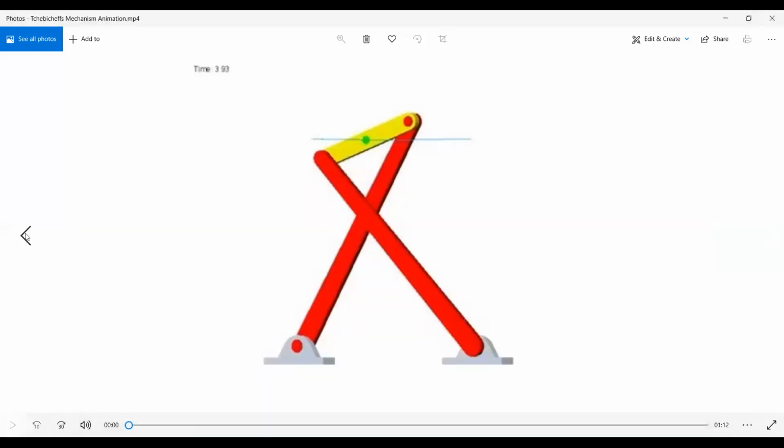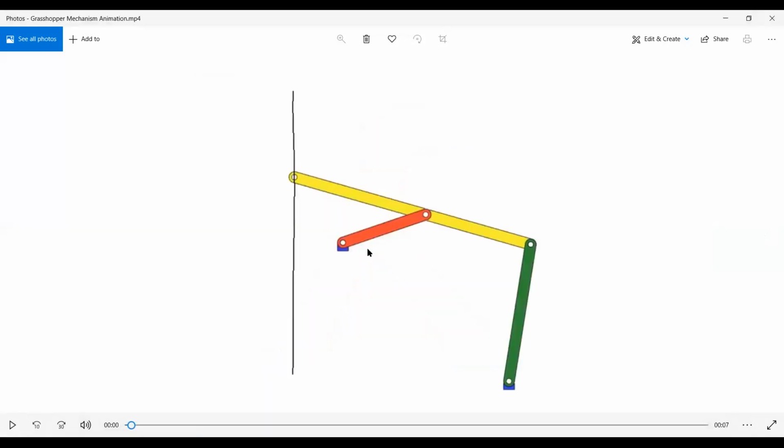Okay, you see, it is the grasshopper mechanism. This is link 1, link 2, and this is link 3. So it is a 4 bar mechanism. The fourth bar you can consider between this fixed point and this fixed point. So that bar is fixed.